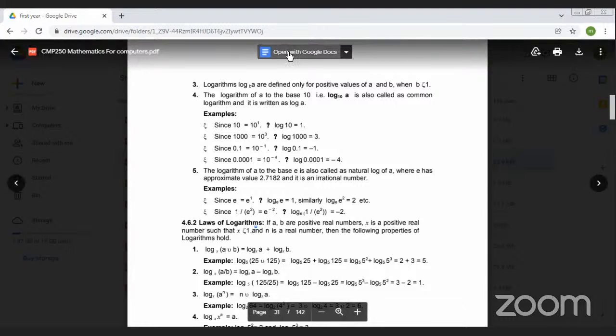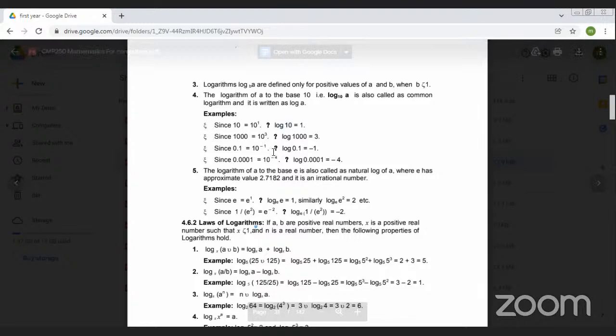Now 0.1, you need to multiply it by 10, as well as if I'm multiplying it by 10, I need to divide it by 10. So the value will be 1 upon 10. And 1 upon 10 means if I shift it to the numerator, the power will be negative. So minus 1, and so on.